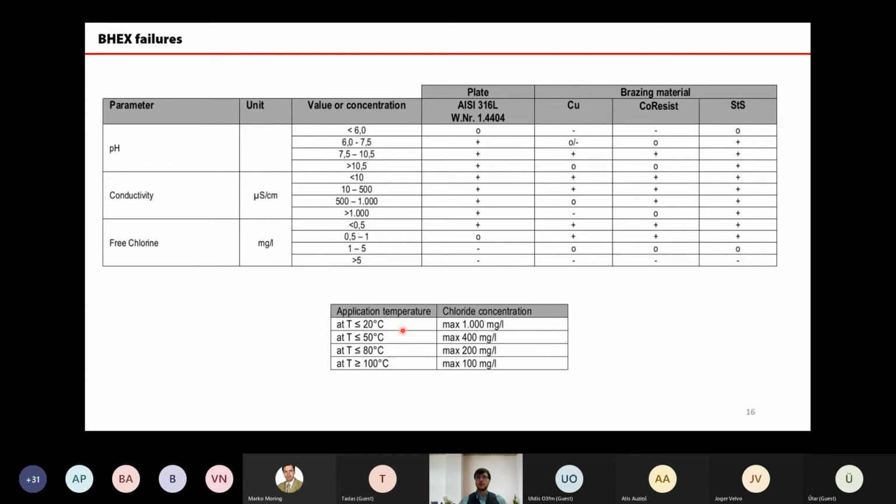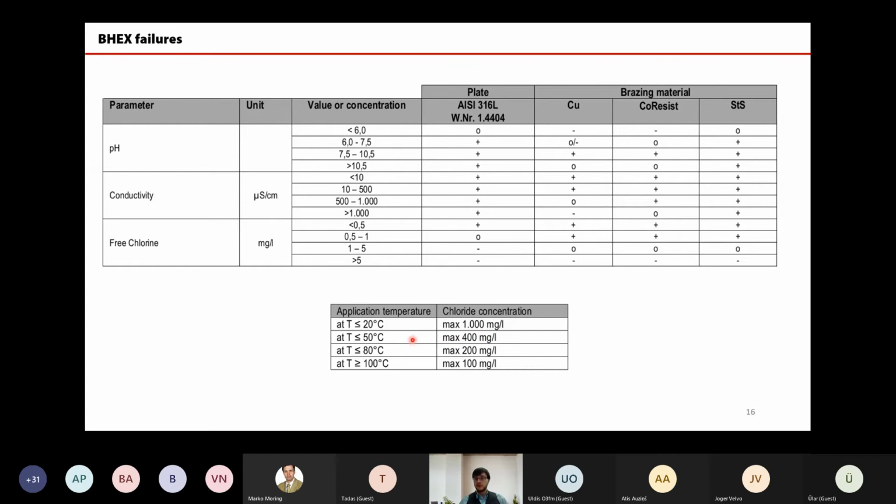But what you need to consider, if I have a secondary side 10 to 50, and I have 400 milligrams per liter of chlorides, it's not acceptable. Because you see by this table, it maybe can be a bit misleading that if I have application less than 50 degrees, which we can say, but my domestic hot water is set up to be 50, so it's less than 50. My allowable concentration of chlorides is 400 milligrams per liter.